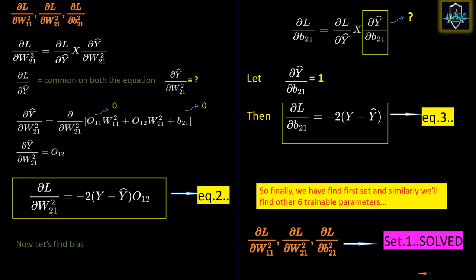So del y hat over del B21 is equal to 1. By this logic, we find del L over del B21 is equal to minus 2 times y minus y hat. This is our bias and third equation. So we find the first set.